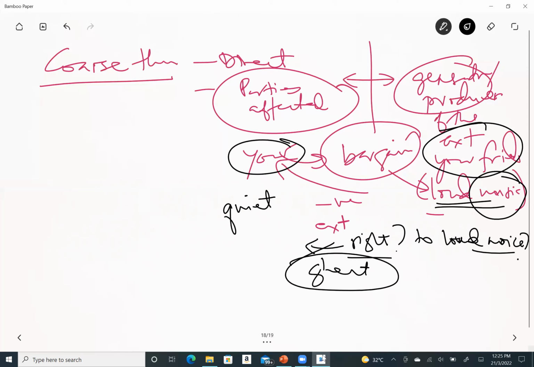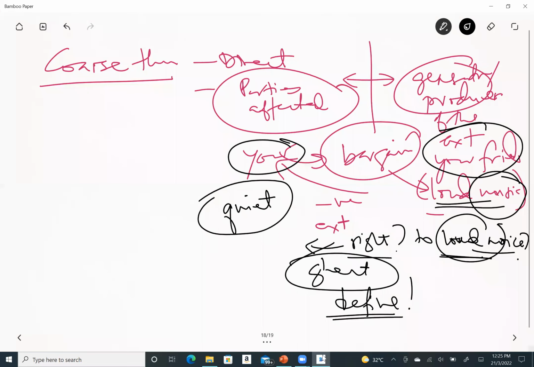Does your friend have the right to make noise, to play loud music, or do you have the right to a quiet environment? So what the government does is just what? Just define that right.